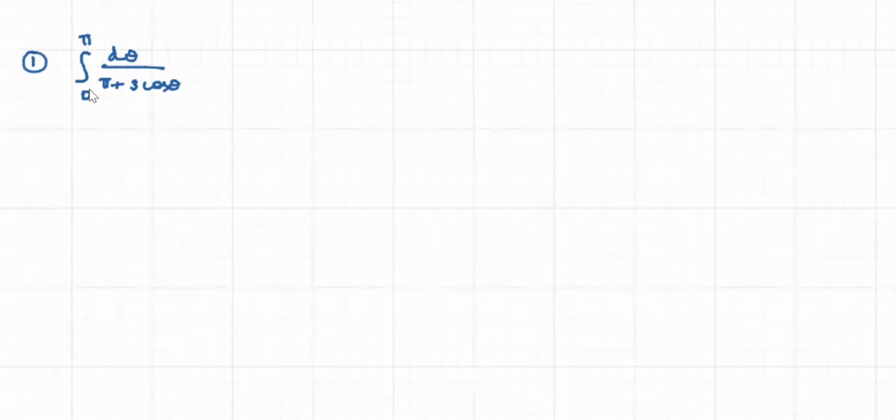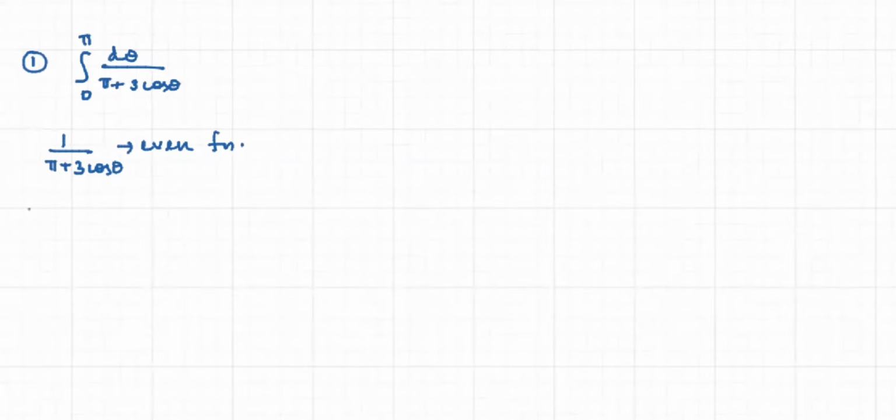So you can see that in the previous lecture we have discussed how to do the integral if you are having the limit from 0 to 2 pi. Now in this case you are having the limit from 0 to pi. Now we know that the function 1 by pi plus 3 cos theta is an even function. Why is it an even function?